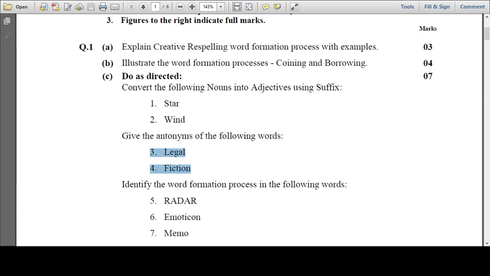Illegal, yeah. Most of you are giving the right answer. Illegal is right. Now the next one is fiction. I hope I have solved the doubt of whoever asked what the meaning of starry is.